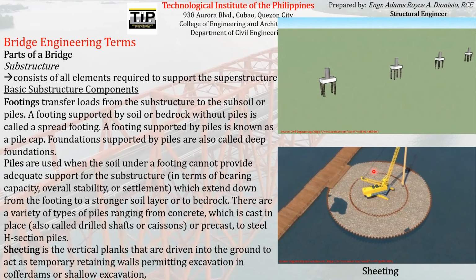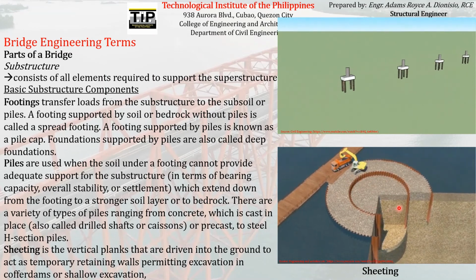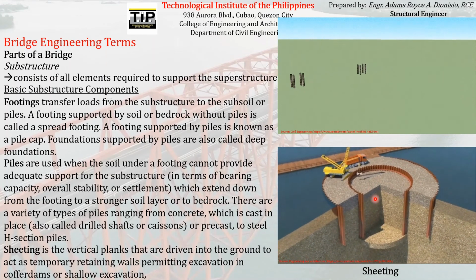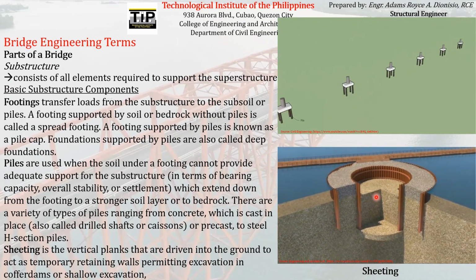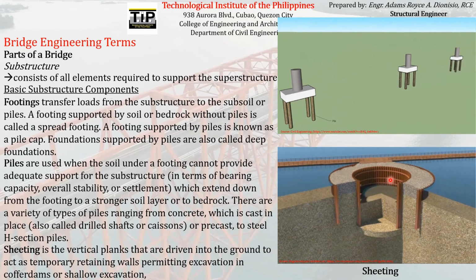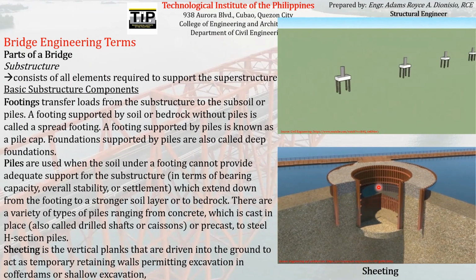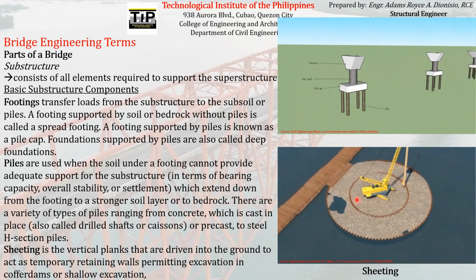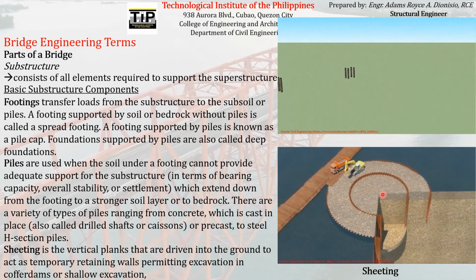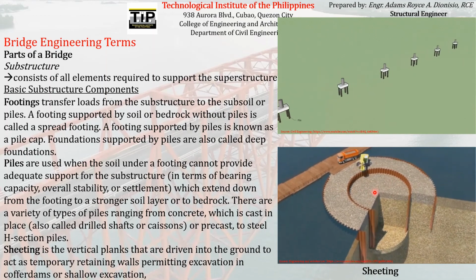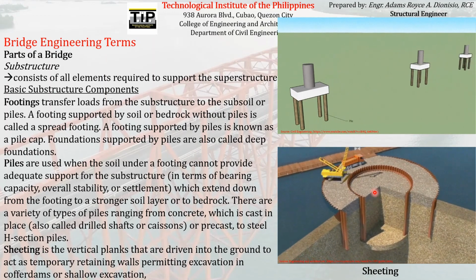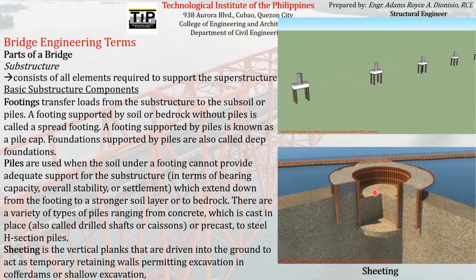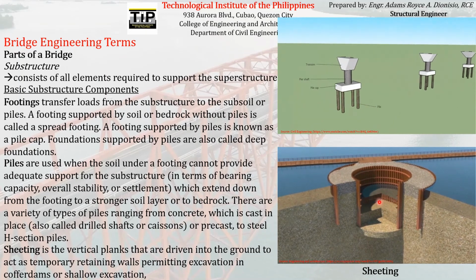When we have an enclosed space, we excavate the earth enclosed by that sheeting together with the water enclosed in the space. In that way, we can already start the foundation works for the support or substructure of a bridge that is usually located on a body of water.